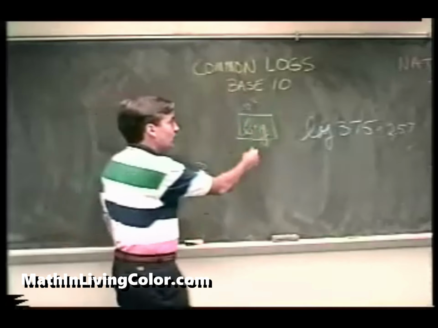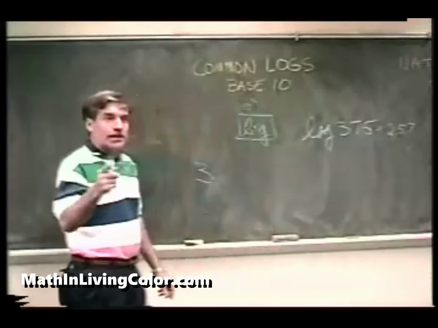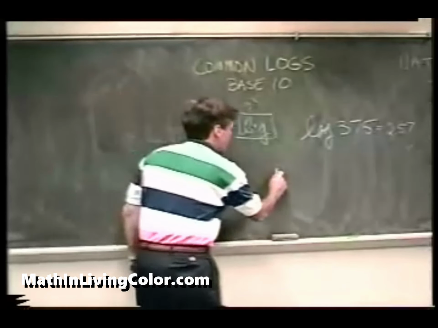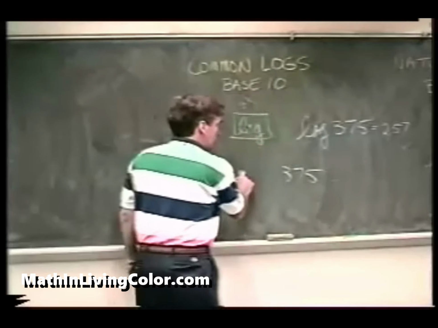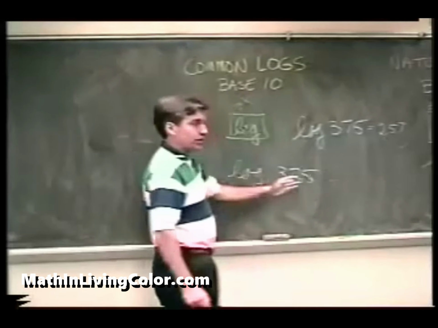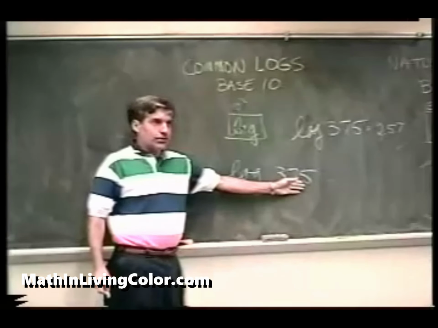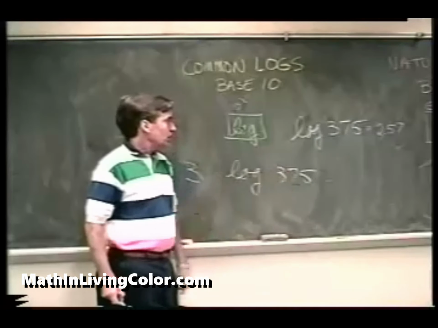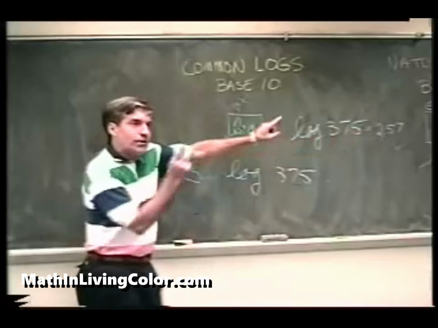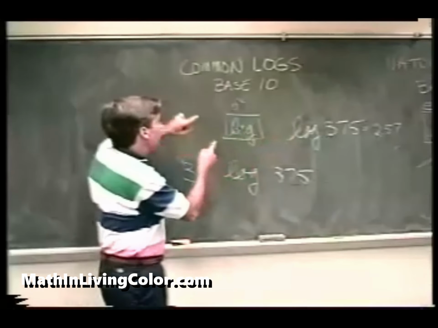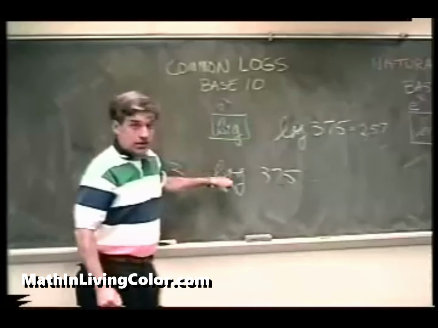So let's start with 375. Those of you that have regular calculators, you're going to take log of 375 first. Do log of 375. 2.57. Now, if you've got that number in your calculator, then do shift log of that number.